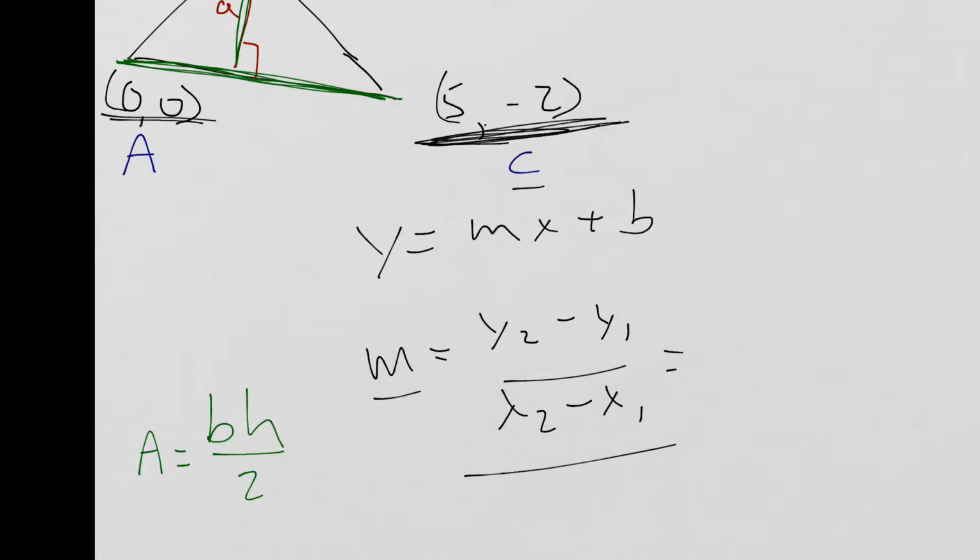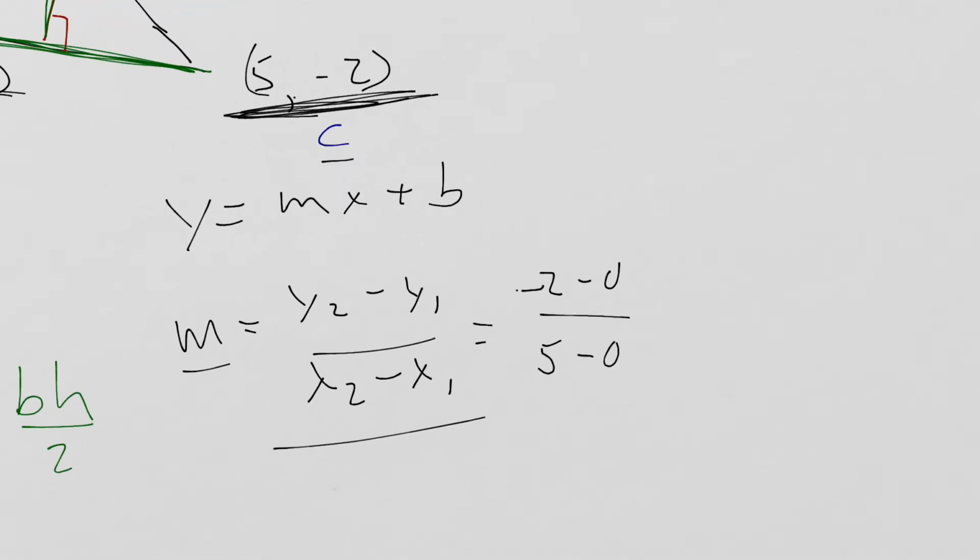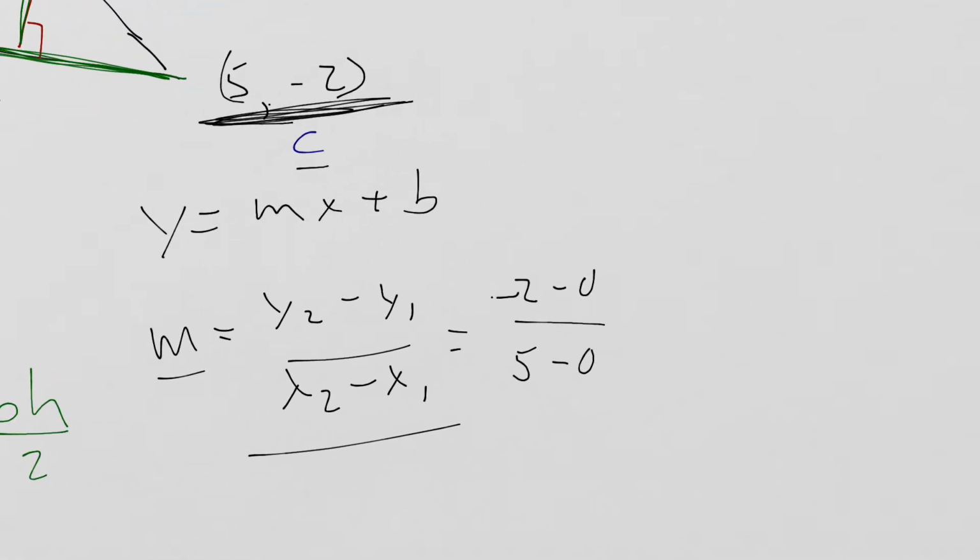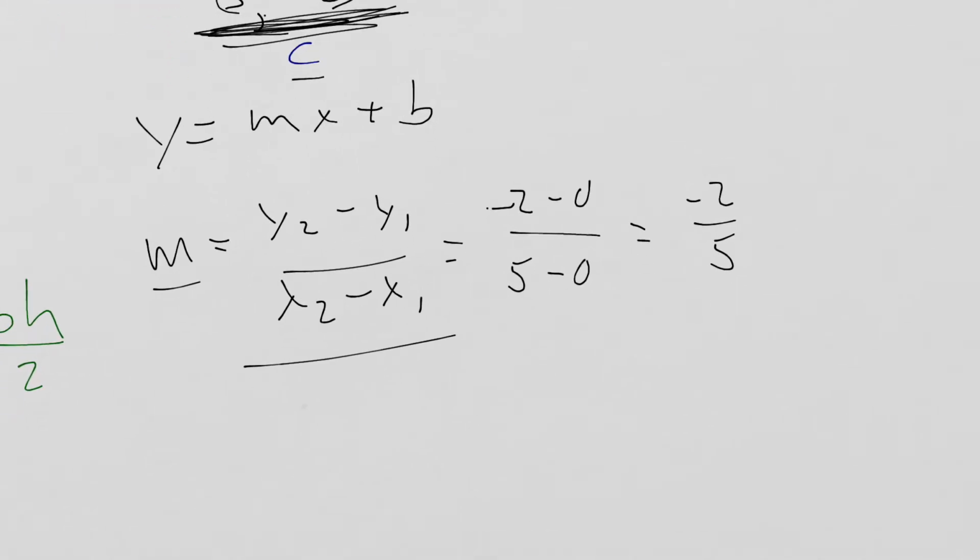So my y2 is negative 2, my y1 is 0, my x2 is 5, my x1 is 0. Maybe you can see why I chose those two, because the math works out a little better. So we get negative 2/5 as our slope.